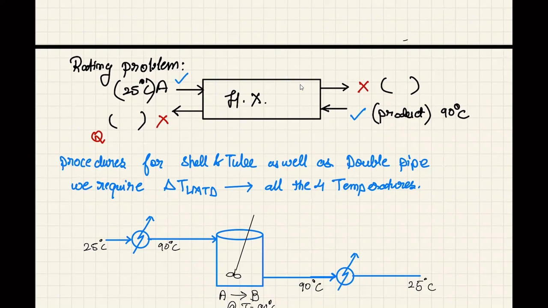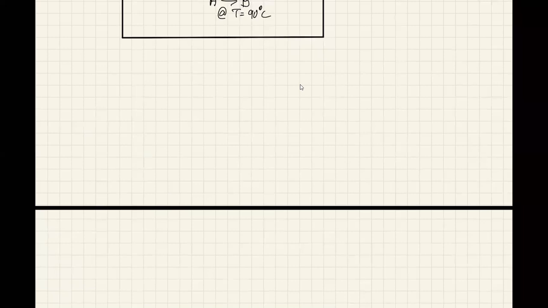One of our friends suggested the use of iterative methods. Basically you go for iterations, where you assume one exit temperature.